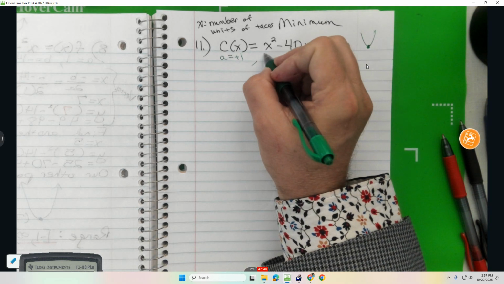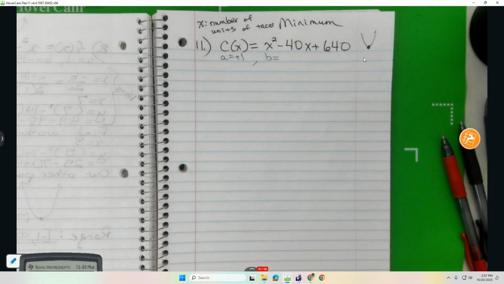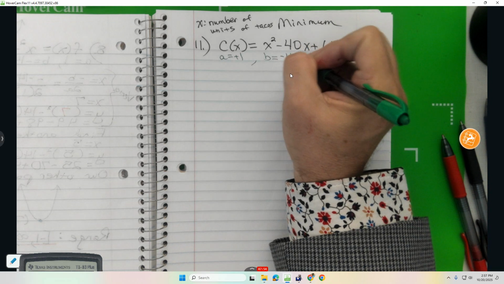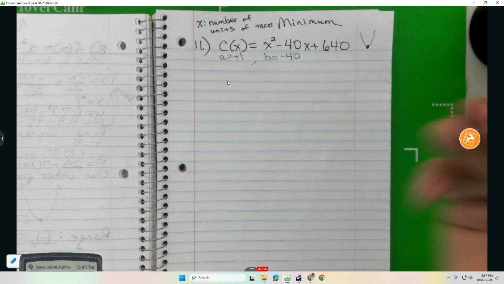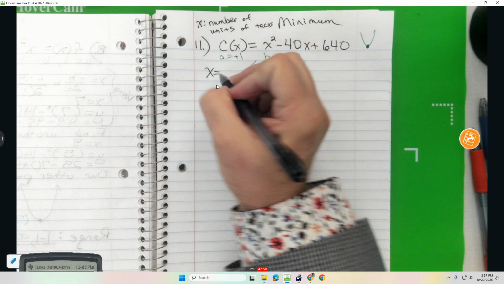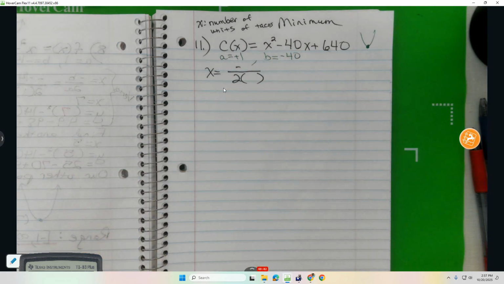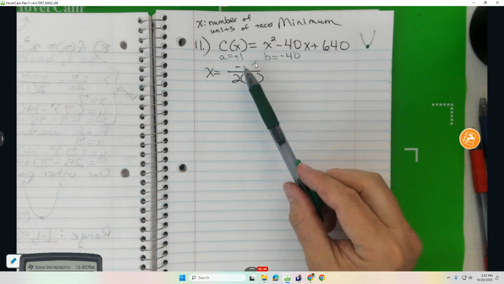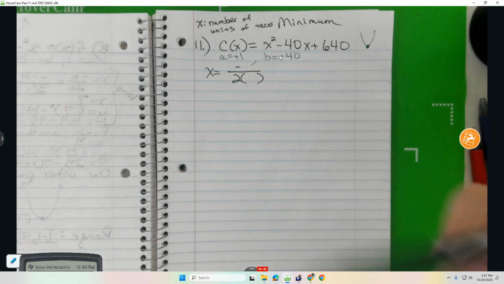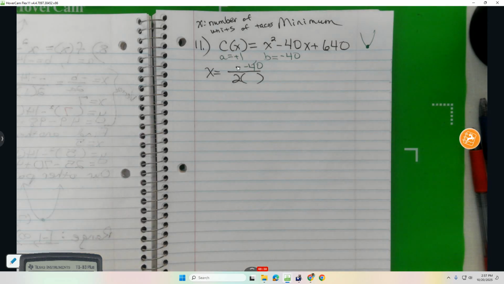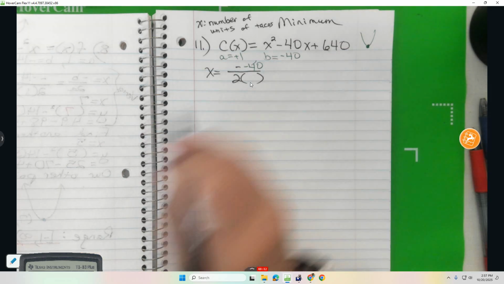So we'll use the vertex formula. What's b? Using that little vertex formula, we get x equals the opposite of negative 40 over, and what am I going to write right here? 1.